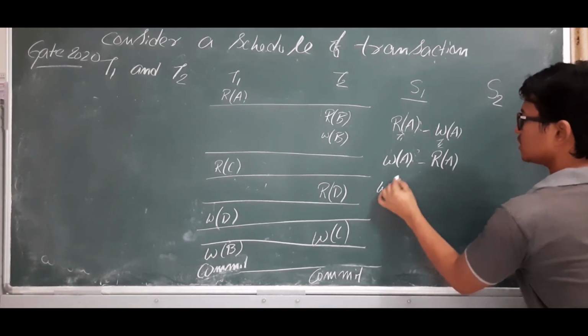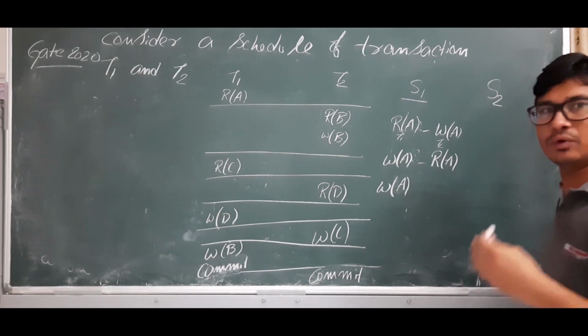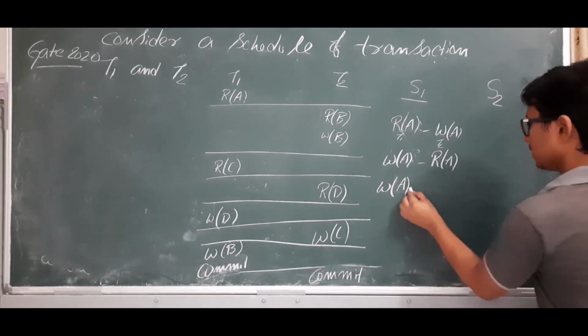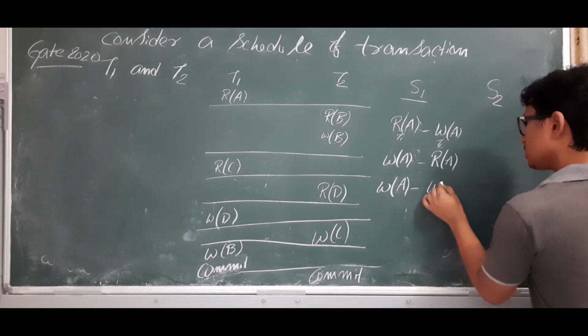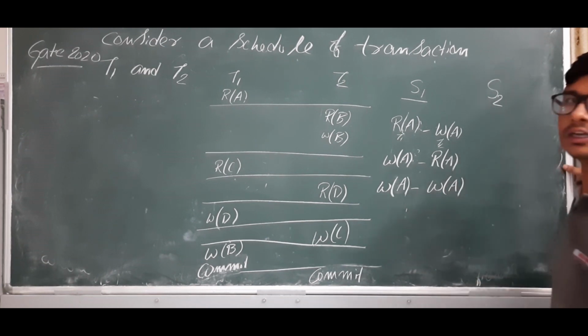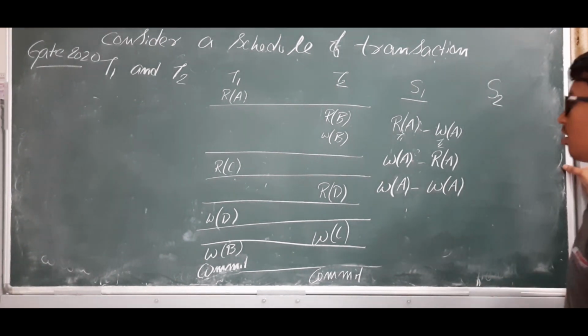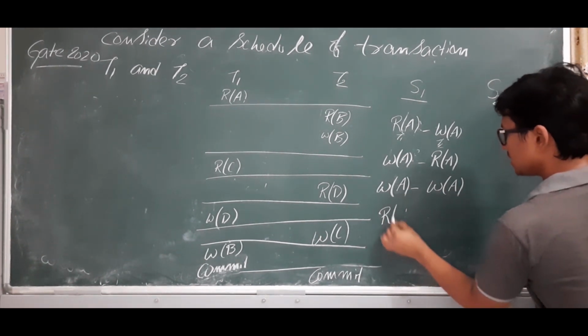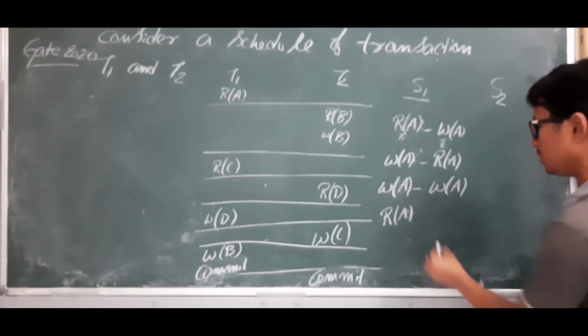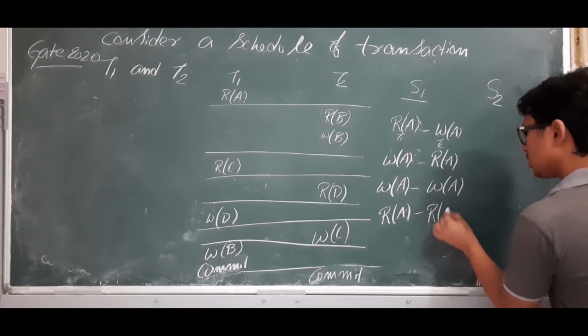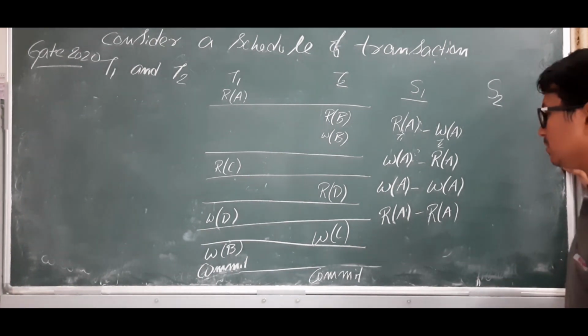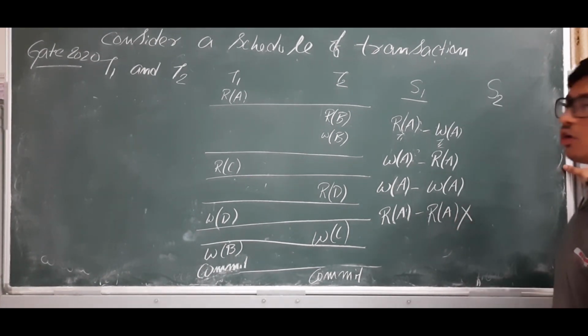Similarly, if transaction 1 is writing on a data item and transaction 2 is also writing on the same data item, then it is a conflict. Whereas if transaction 1 is reading a value and transaction 2 is also reading the same data item, then it is not a conflict.